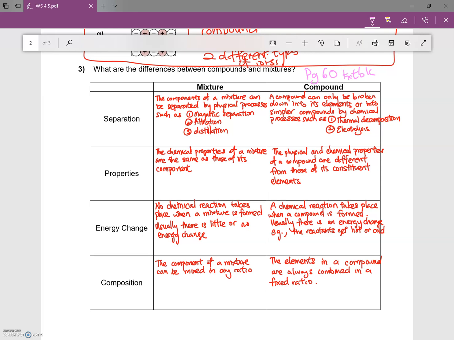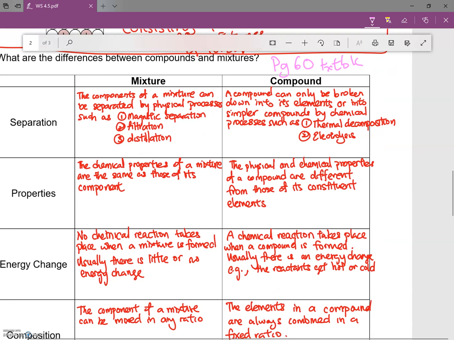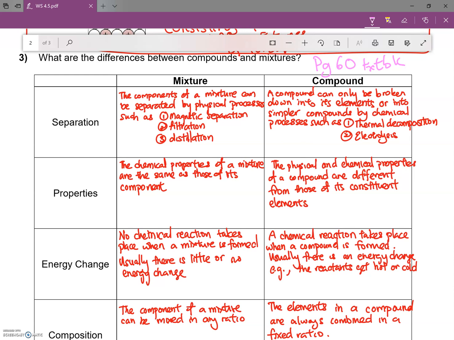Okay, so for mixture, do take note. Let me zoom in a little bit. For mixture, one of the differences can be seen in terms of the separation. A mixture can be separated by physical processes. So what are some of the physical processes? You can use a magnet to separate them. You can use filtration.